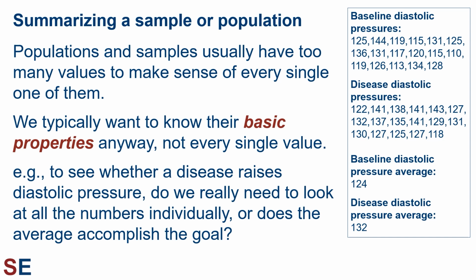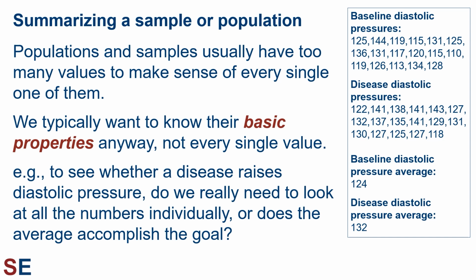For example, if we wanted to see whether a disease raised the diastolic pressure of individuals with it, do we really need to look at all the numbers individually, or does the average accomplish the goal? In the box shown, we can see sample data sets of blood pressure values for baseline and then for individuals with the disease. And if we looked data value by data value, first of all, it would be too overwhelming.